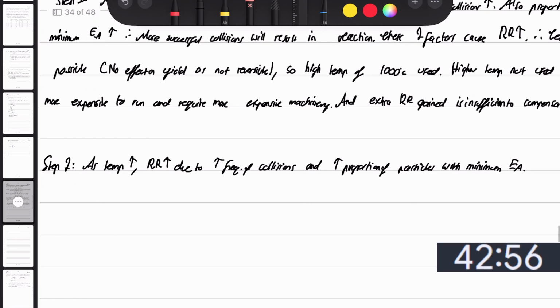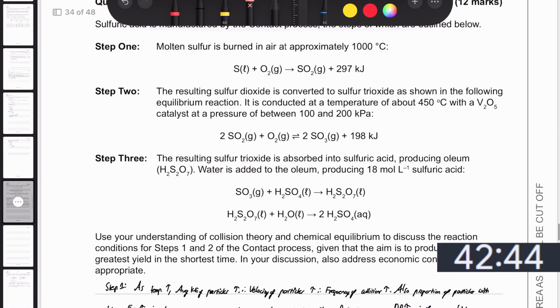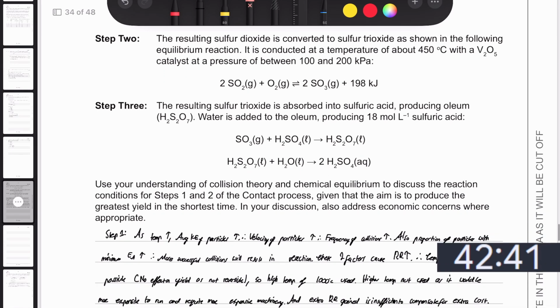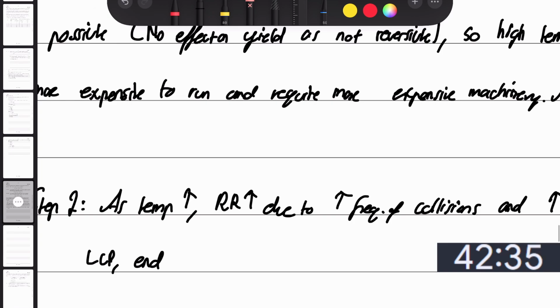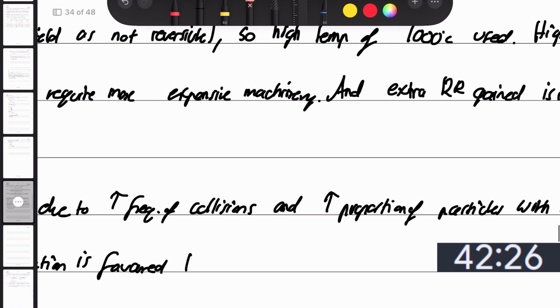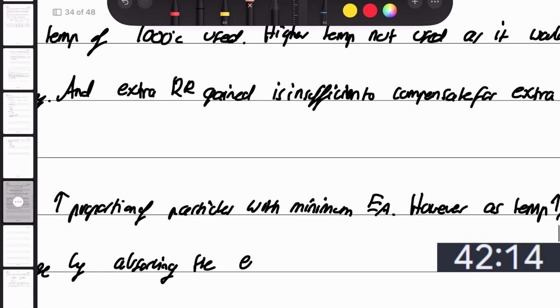So then as temperature increases, reaction rate increases, however, as temp increases, by Le Chatelier's principle, the endothermic reaction is favored, to oppose the change by absorbing the energy to lower temp.